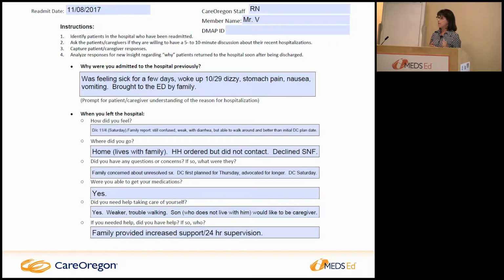The hospital thought that they didn't want him to go to a SNF. So they sent him home on a Saturday morning, and he did not feel well. And he was back in the ED on Wednesday.